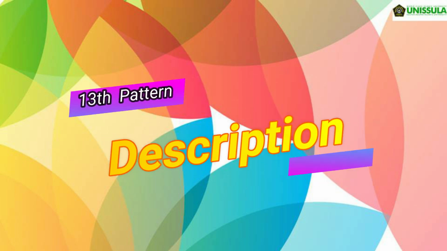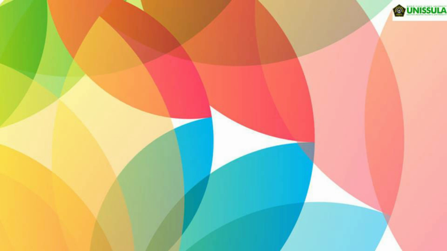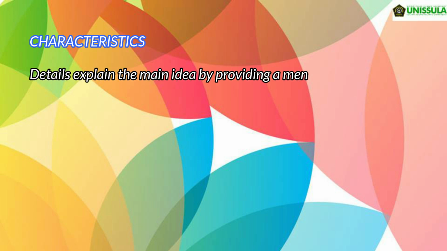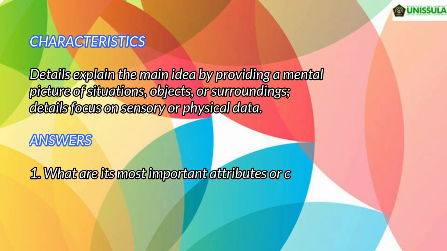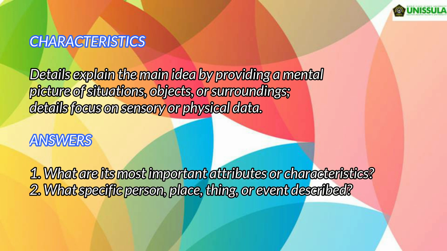Next is the description pattern of organization. In the description pattern of organization, details explain the main idea by providing a mental picture of a situation, object, or surroundings. Details focus on sensory or physical data.